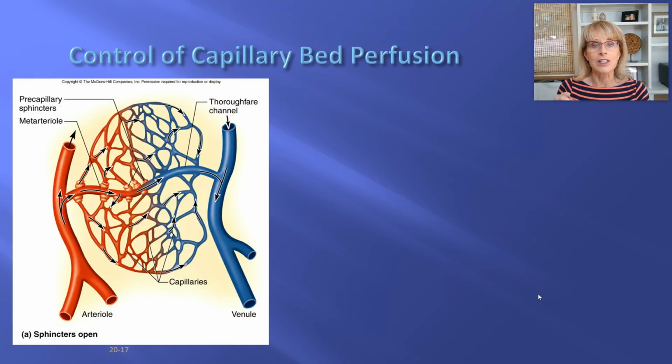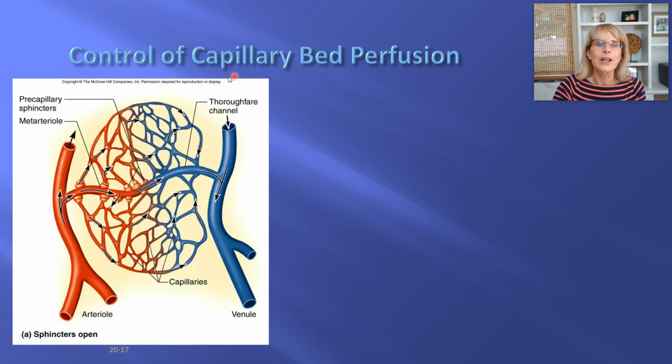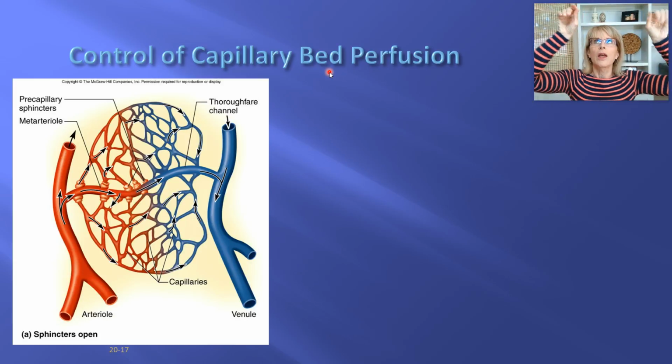Before we talk about the details of that, I want to introduce you to the concept of the capillary bed. Capillaries are organized in a different way than arteries and veins are. In general, arteries and veins are organized more like a tree, where one branch divides up more, and that divides up more.